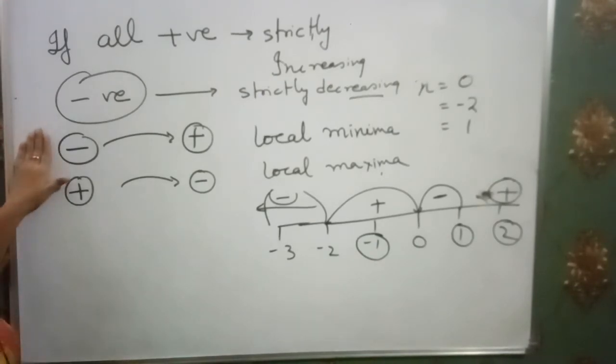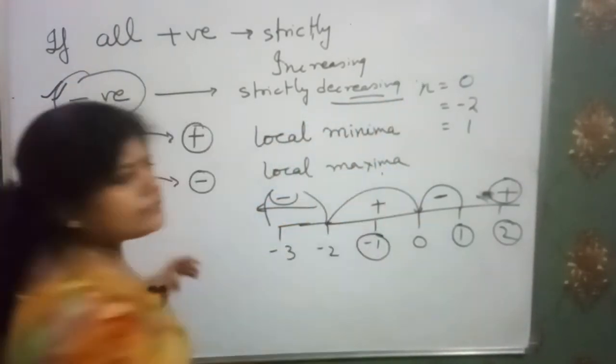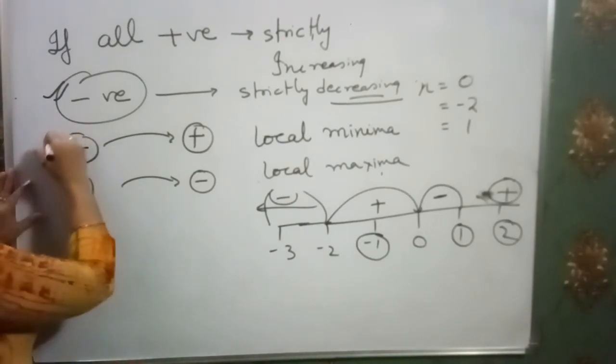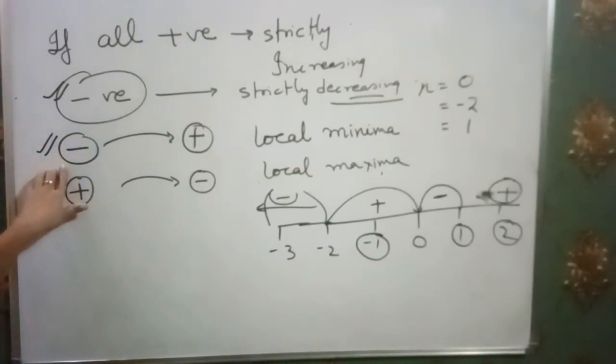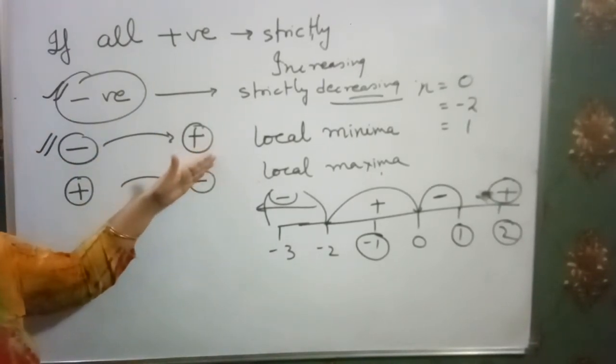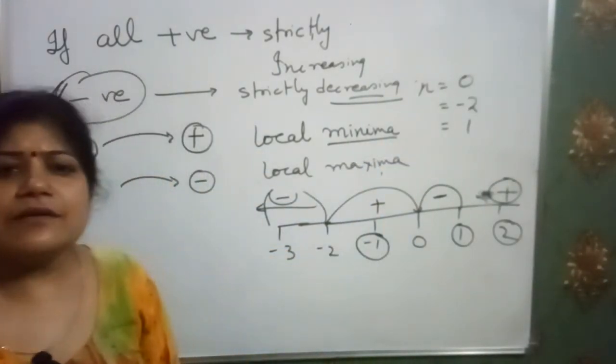So, how will you remember this? When it is negative, it is decreasing. In the same way, when we have minus value in the starting, no matter how it changes afterwards, it is minima. I think it's clear.